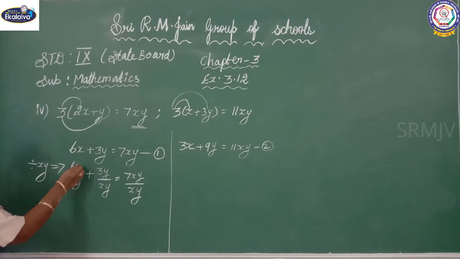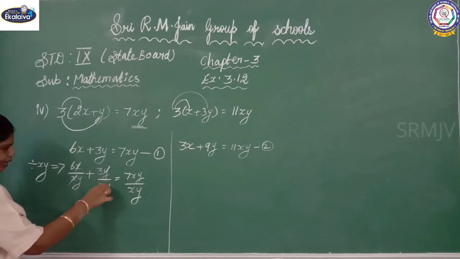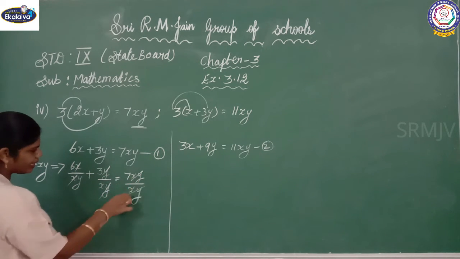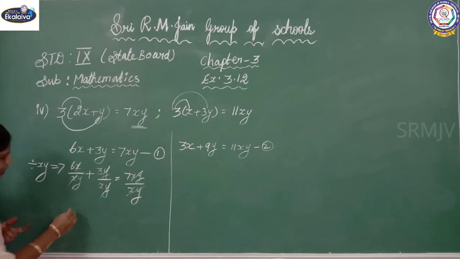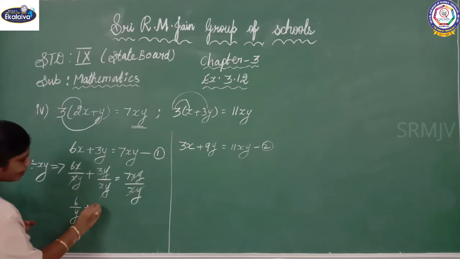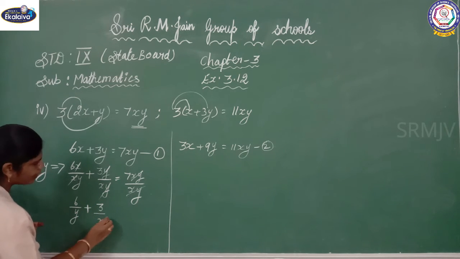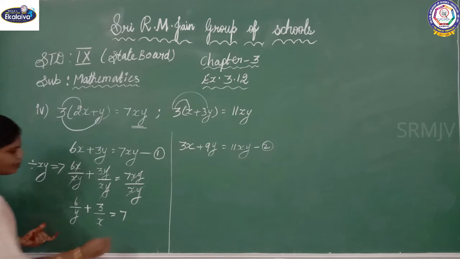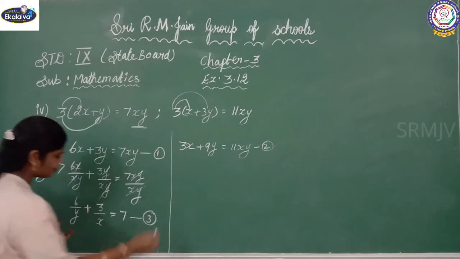So here x cancels, y cancels, xy cancels. What is remaining? 6 by y plus 3 by x equal to 7. This is the third equation.